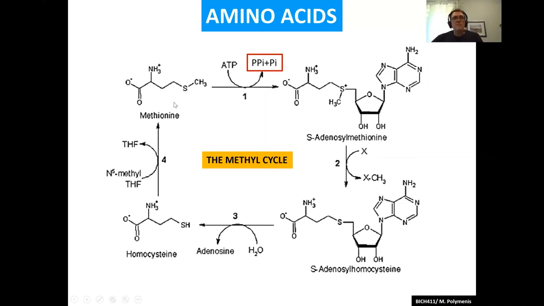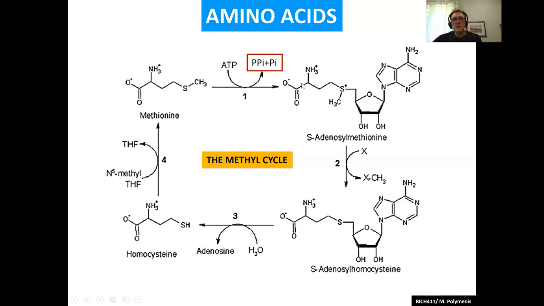How does that happen? So methionine, right here, gets activated. This sulfur group gets attacked, and you have S-adenosyl methionine. So in the whole, this part of ATP without the phosphates comes in, okay, and sticks itself to the sulfur. And of course, you lose pyrophosphate and phosphate. So you consume all of the ATP here.